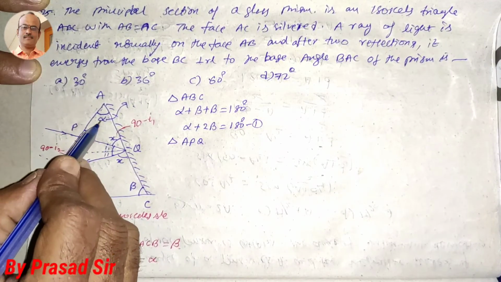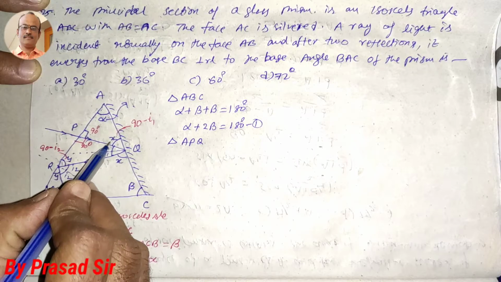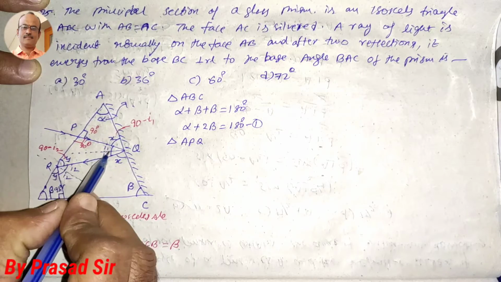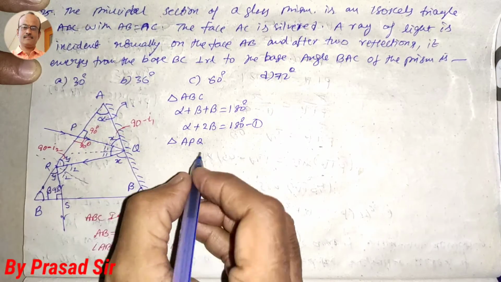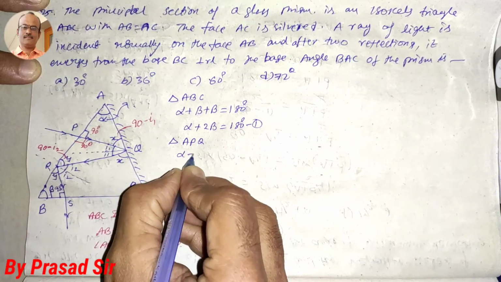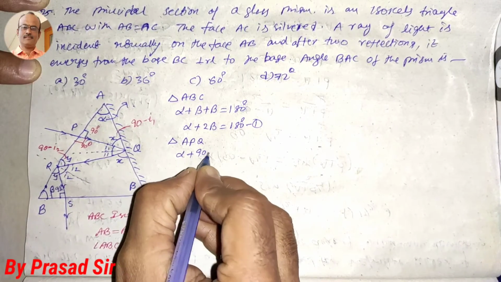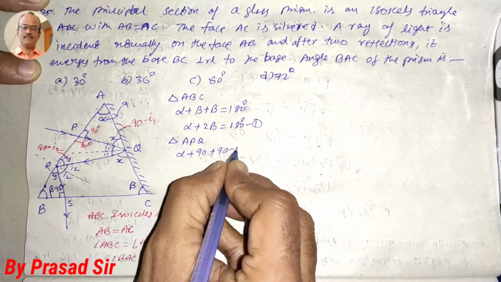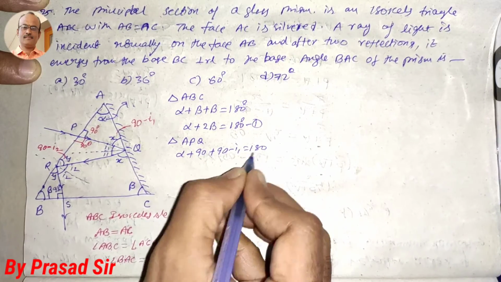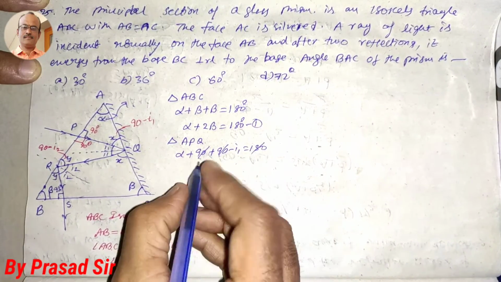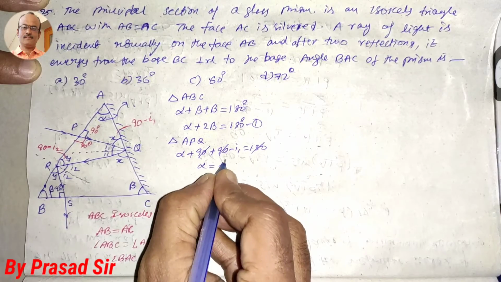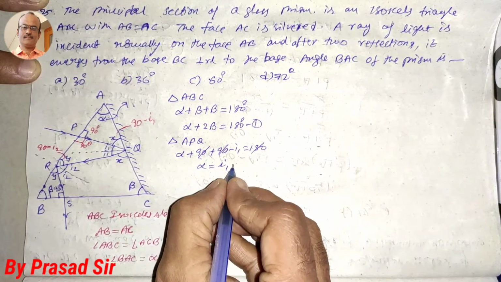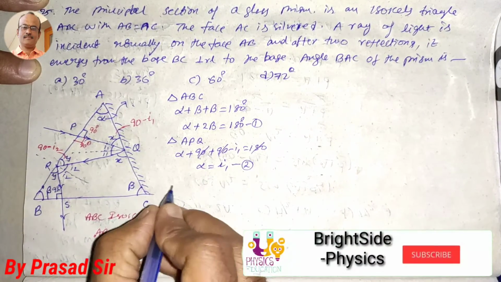In this triangle, this is alpha, this is 90, and this is 90 minus I1. So alpha plus 90 plus 90 minus I1 is equal to 180. 90, 90, 180 cancel. So alpha is equal to I1. This is a very, very important notation, the second one.